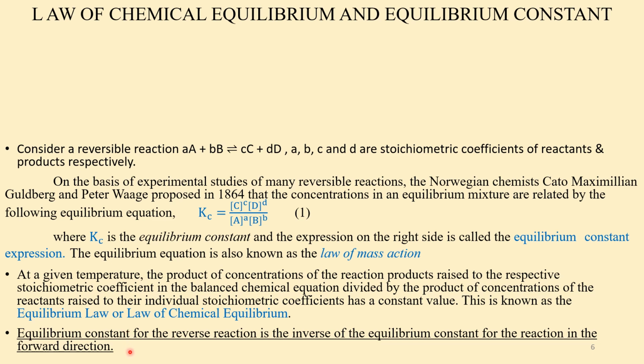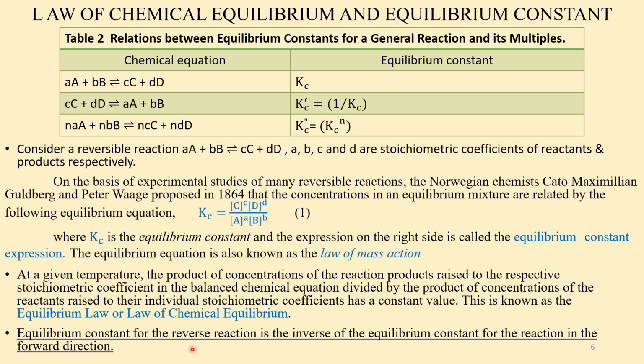The equilibrium constant for the reverse reaction is the inverse of the equilibrium constant for the reaction in the forward direction. That is, if K'c is the equilibrium constant for the reverse reaction, then the relationship between Kc and K'c is Kc is equal to 1 over K'c. Let us make a general tabulation for the relation between equilibrium constants for a general reaction and its multiples.